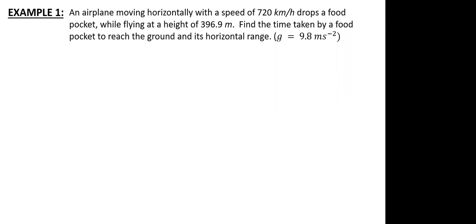Okay, so how much speed did you get? The horizontal speed. For range, what formula did you apply? Range I applied this one, u into t. Correct. So how much was u? u was 720.